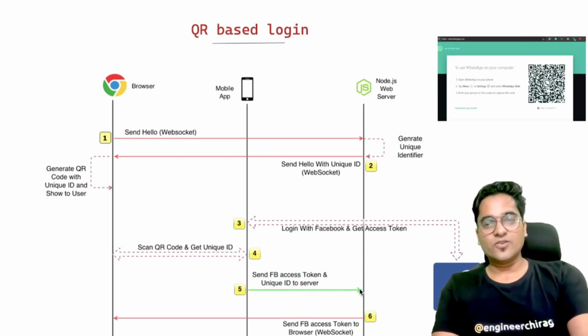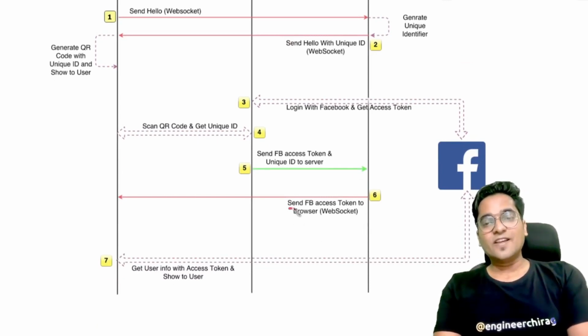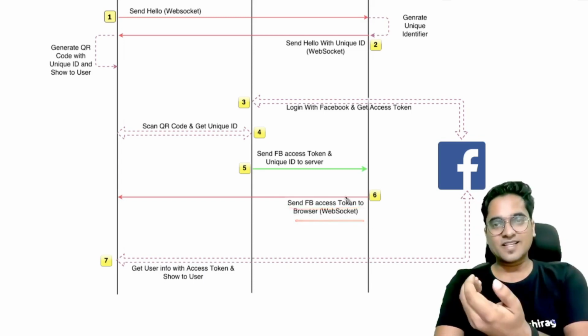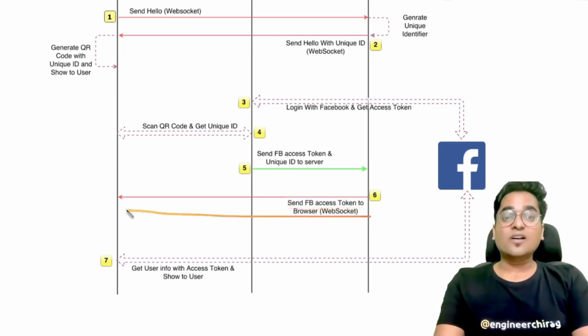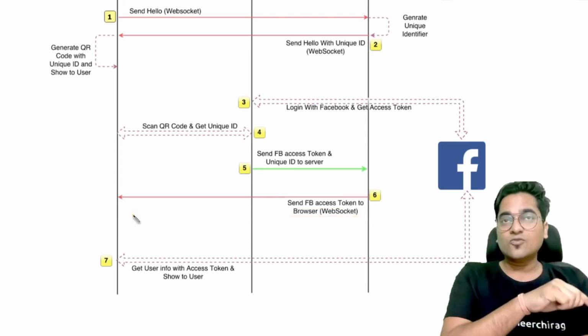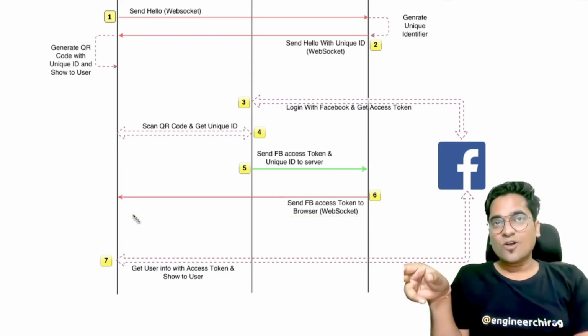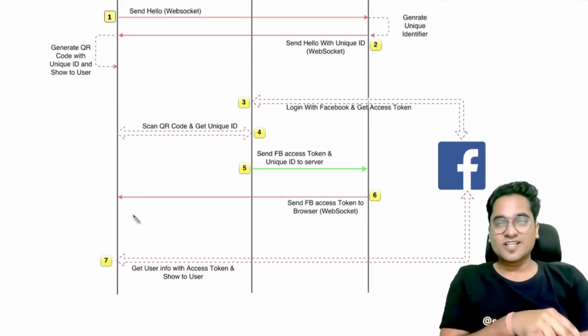What is the server going to do? The server is going to leverage the information that you have sent, and send the Facebook access token to your browser over the WebSocket. How is this going to return? Because there is a dual connection that you have set up between the browser and the server, which is the WebSocket connection. So now your server is also equipped to send you the message from the server to the client.